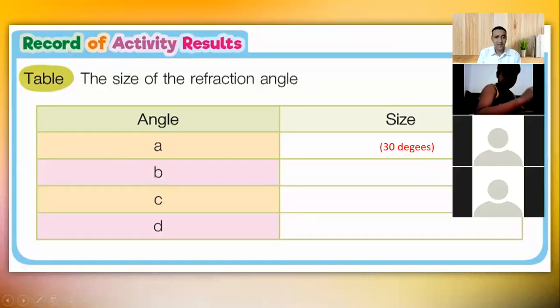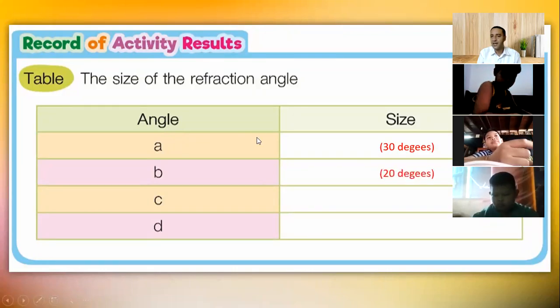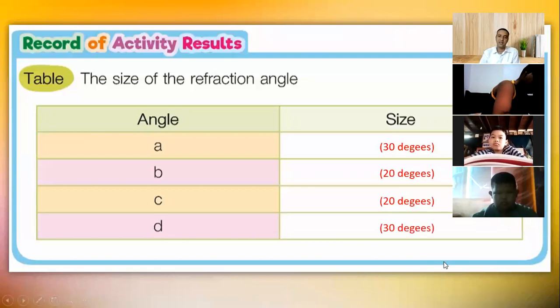Then the size of the angle at place B will be 20 degrees, right? And the angle size at place C will be also similar, 20 degrees. And the angle size at place D will be 30 degrees.